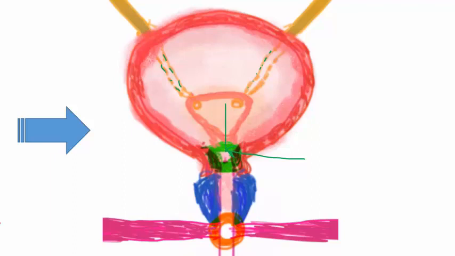This oblique course of the ureter through the bladder wall inhibits urine backflow, as when the pressure inside the bladder increases, it will close the orifice of the ureter. So the backflow of urine from the bladder to the ureter is prevented.